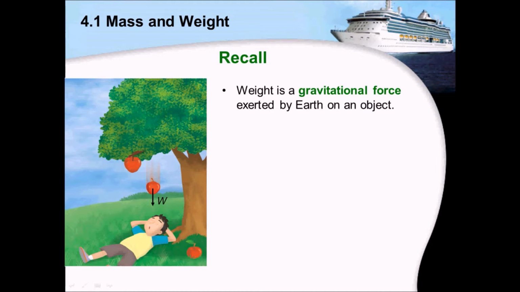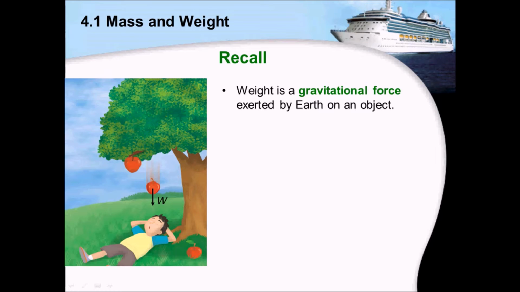You will probably be very familiar with this diagram. Some of you might have heard the story of how Isaac Newton came to realize that there is a gravitational field around us. He was lying under a tree and an apple fell from the tree and hit his head.